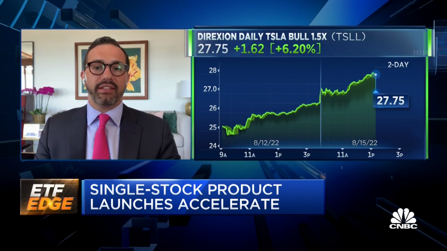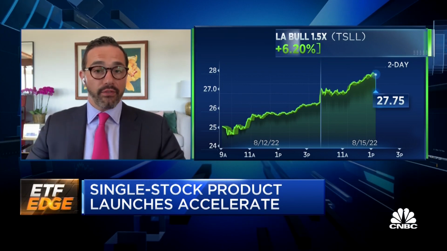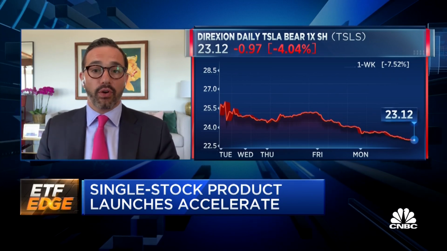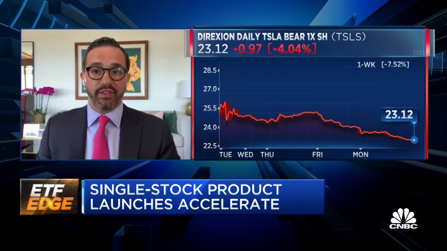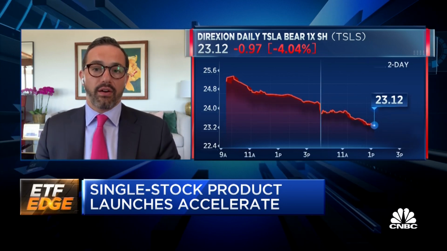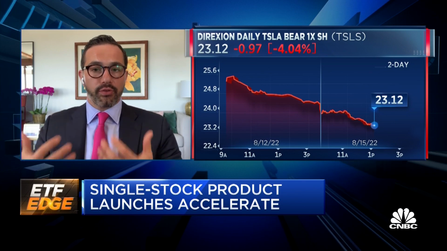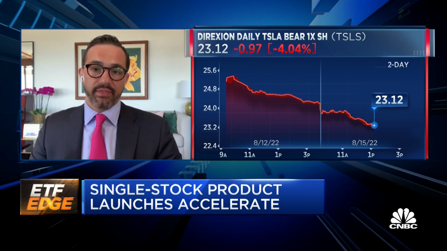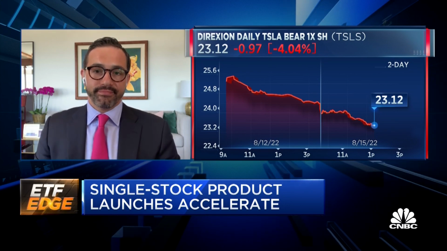So I do expect to see further innovation here, further filings and launches in the space. We're really at this time focused on those larger names that have depth of volume and liquidity around them, so that we are in the best position to both create ETFs and manage them, in this case, as daily trading tools.